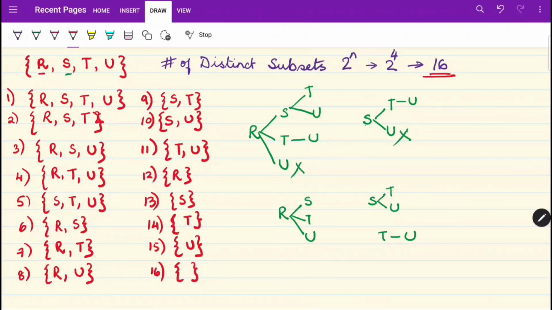All right, so this is how you can go about creating distinct subsets from a particular set. All right, this will ensure that you got all the different combinations that one can come up with as subsets of a set. All right.